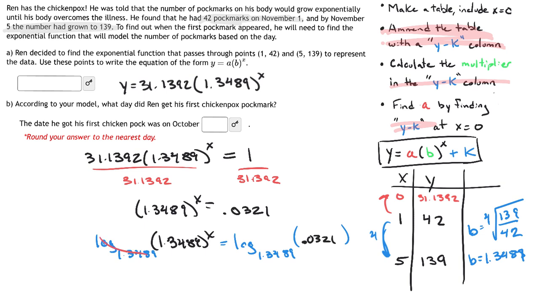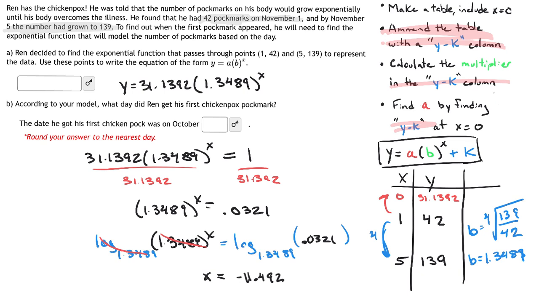And when you do that, that gets these things to cancel out. So therefore, we know that x, the time at which there is the first chicken pox mark, when you calculate that on the calculator, using either your change of base formula or your log base button, depending upon how you've been doing it in your other examples, you actually get a negative number here, negative 11.492. So that's 11 and a half days ago from day 0.